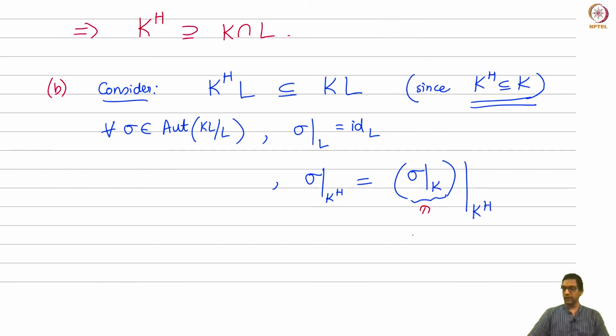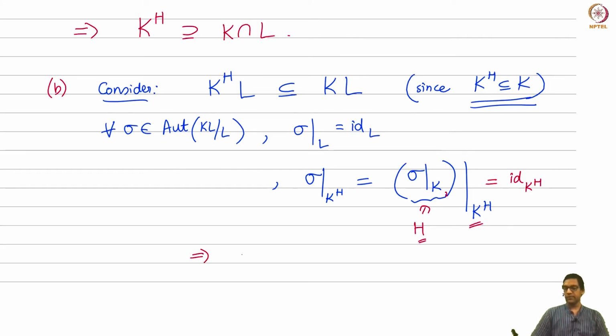So this belongs to my subgroup H, because that's the image of a sigma. And of course elements of H, how do they act on K^H? By definition, this is the fixed field of H. Therefore elements from H will necessarily act as identity on their fixed fields. So this is the slightly tricky argument that one has to work through to understand, but the basic idea is that sigma restricted to K^H is like some element of H acting on K^H. So that's the identity.